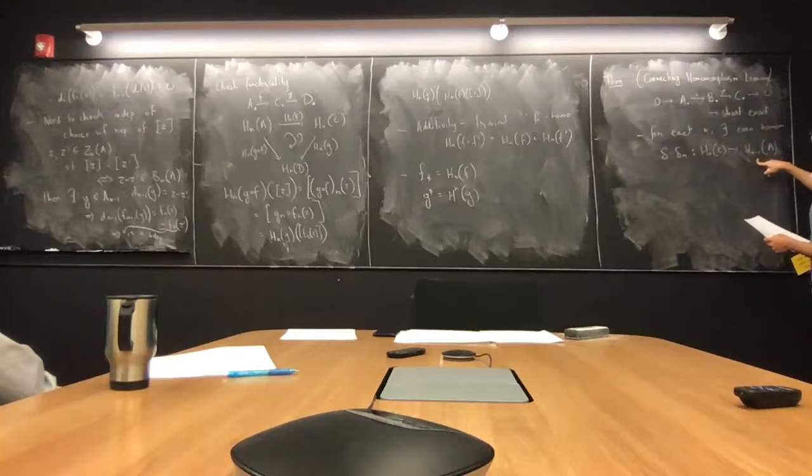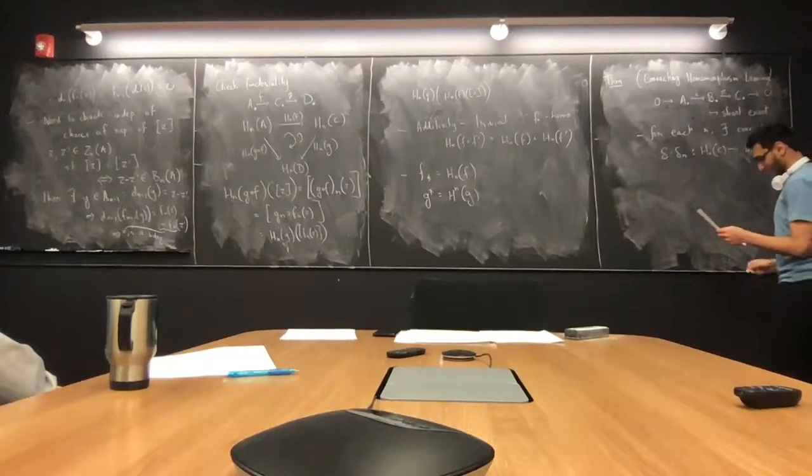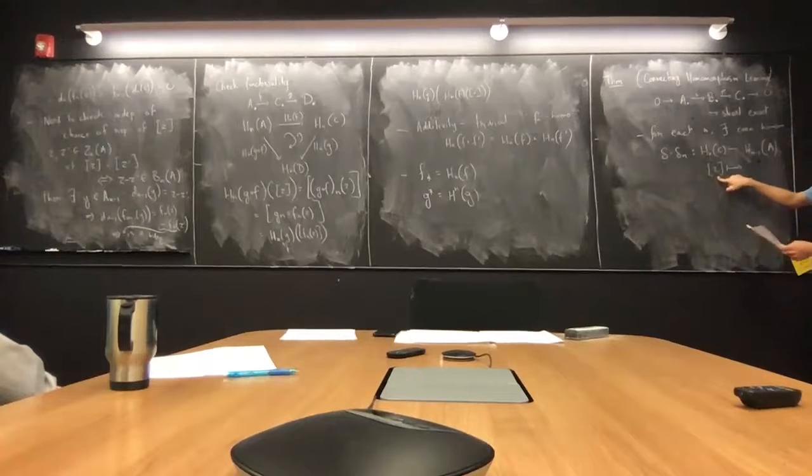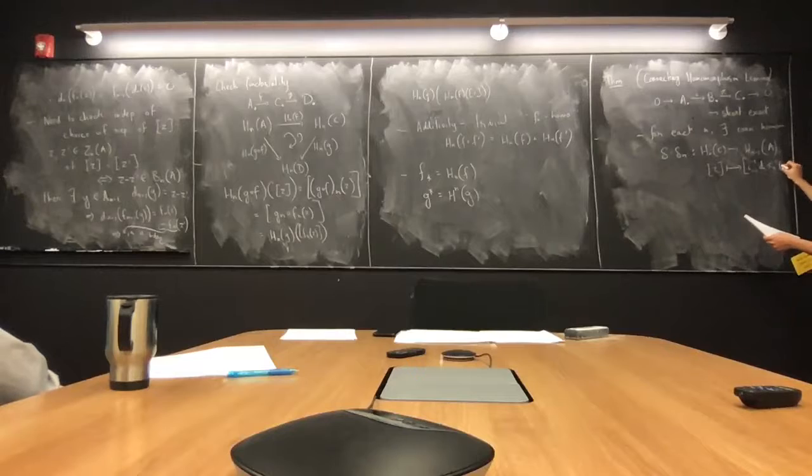That basically goes like this. Takes the equivalence class of a cycle Z to the equivalence class of the following object. Don't ask me what this means. I'll explain it in a second. I n minus 1 inverse dn pi n inverse of Z.